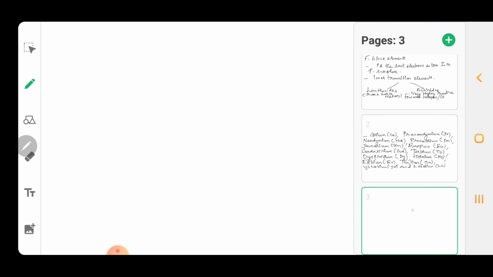Okay, now we will move on to the mnemonics to remember these elements. For the sake of understanding, I have split the mnemonics into three parts.